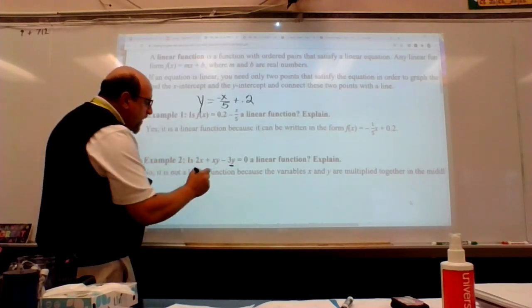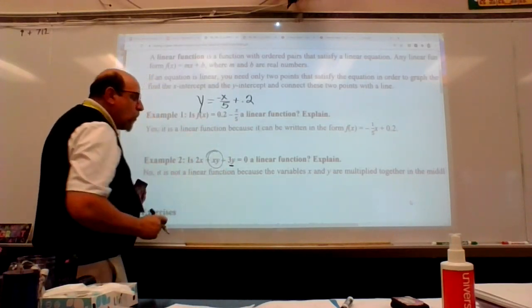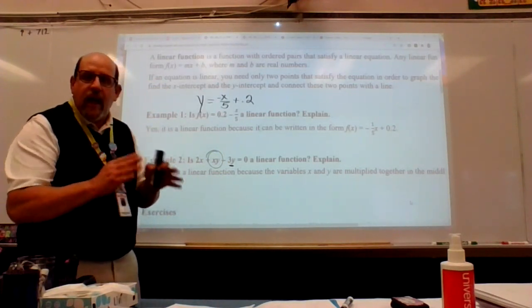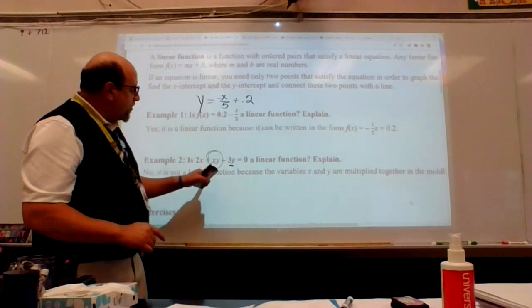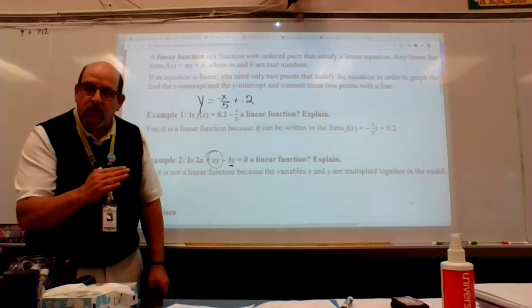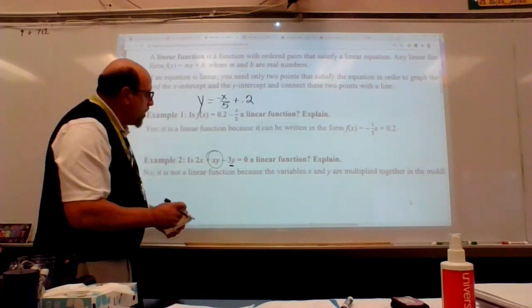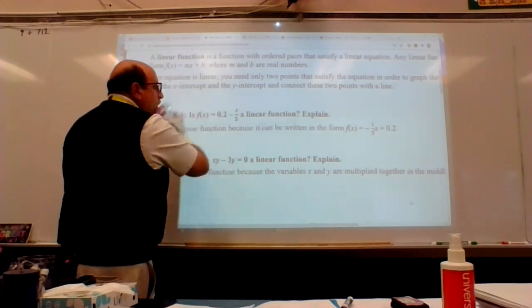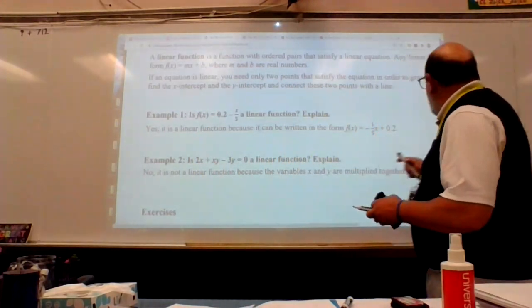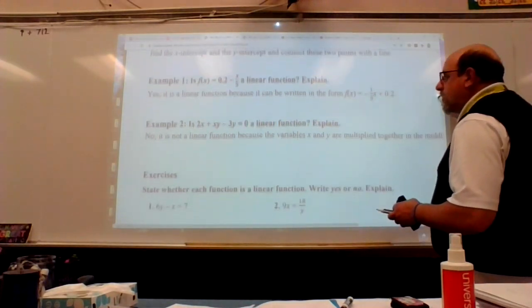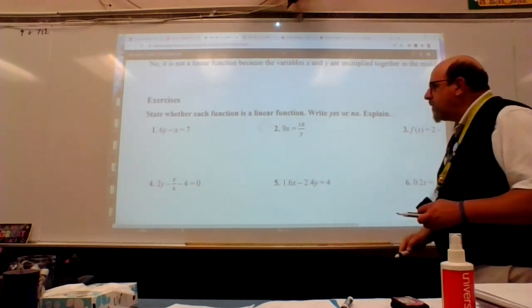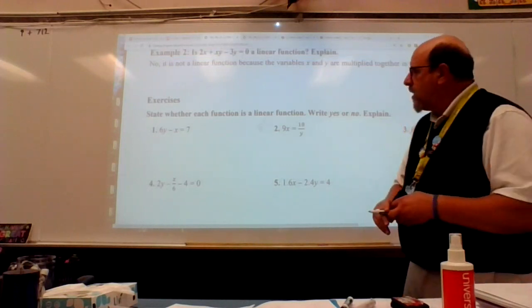But suffice it to say, it has one of the two things that we cannot have. The first thing is x and y are multiplied together in the middle of our function. So that is no good. Let me go ahead and move along, and we'll look at the examples at the bottom of this page, and then I'll move on to the second page of this. I'll leave it blown up so we can take care of this.